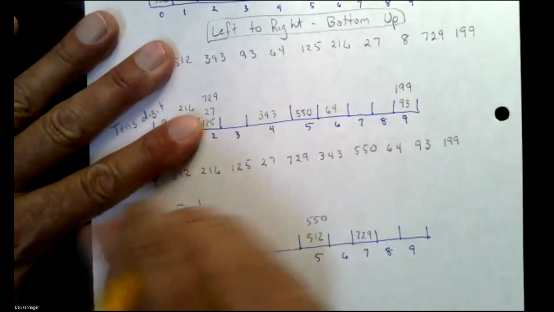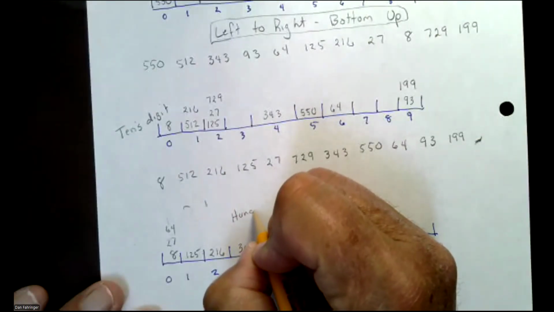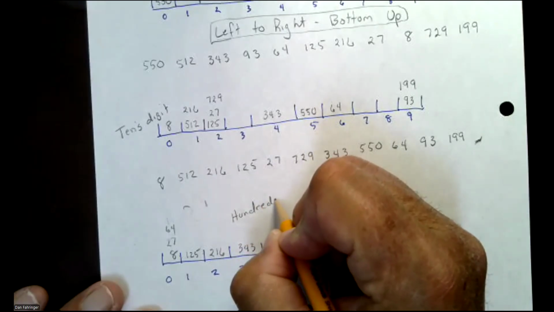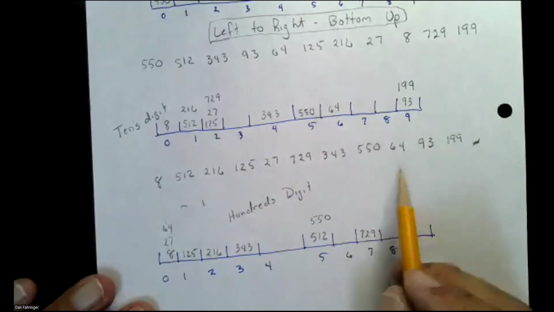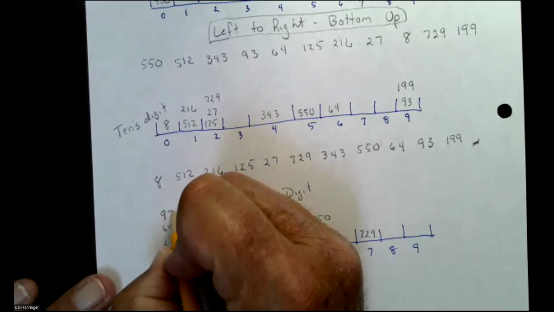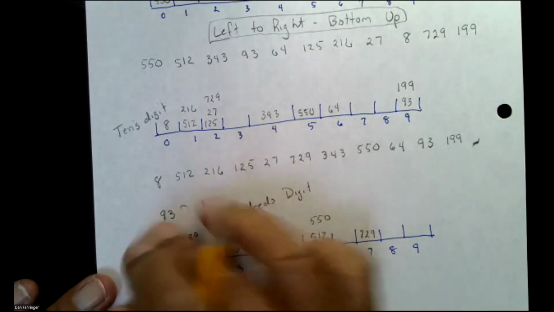Hundreds digits. There's 64. I'm going to write hundreds digit over here. 64, 93, 199.